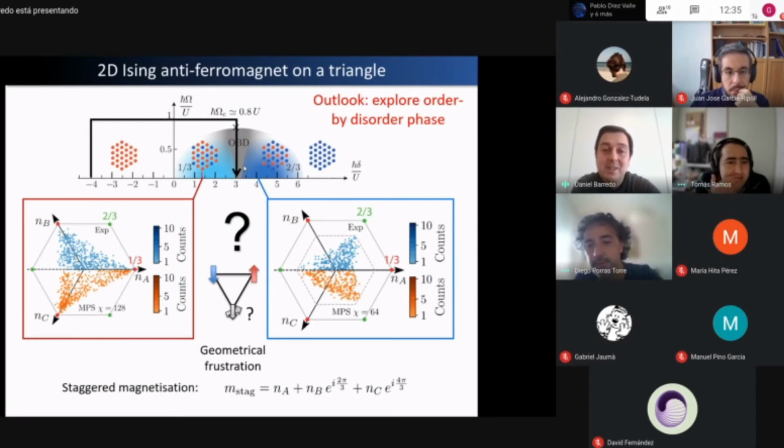In addition, from what I understood, it is still not totally clear what you should observe in this order by disorder phase. It's a little bit unclear, because it seems that in this gray region that you see here, you are expected to see some additional phases, but it's not fully explored, both on the theoretical side and also experimentally.